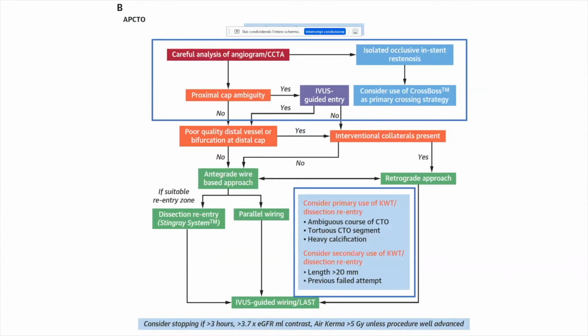In case of proximal cap ambiguity, the authors suggest the use of an IVUS-guided entry to perform an antegrade recanalization. Another focus that the authors made in this paper is to consider the primary use of the knuckle wire technique as a dissection re-entry strategy in case of an ambiguous course of the CTO in the total segment, and in case of heavy calcification and a CTO length longer than 20 millimeters.